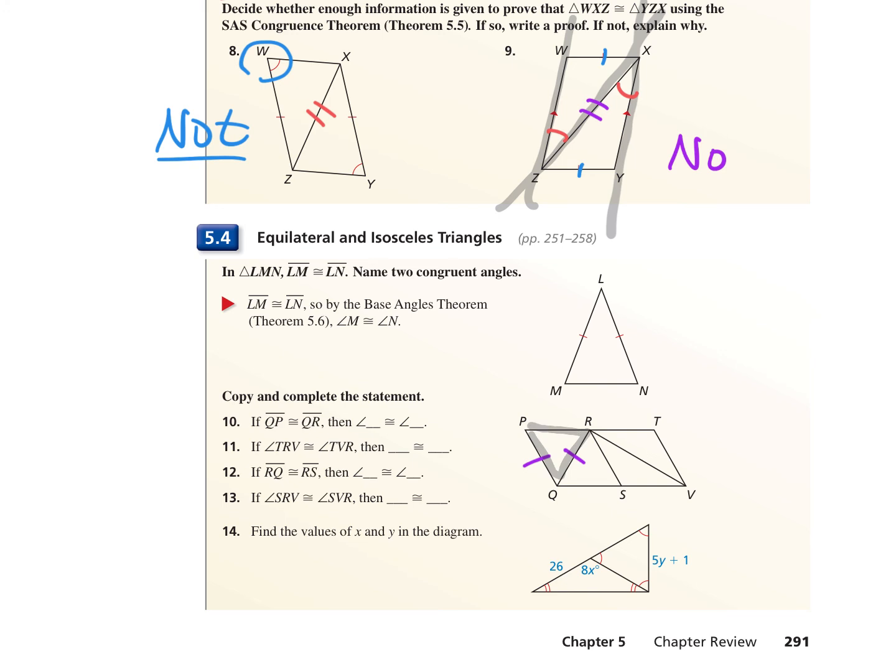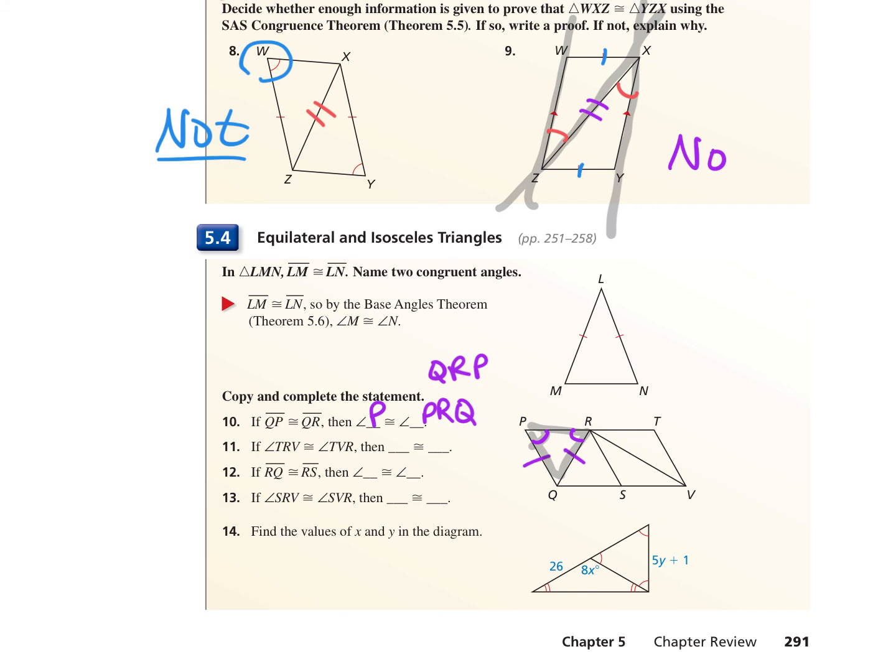Then that would tell you that the 2 base angles are congruent. So here you could call this one angle P, but this one over here, you'd have to name it with 3 letters. You could either name it PRQ or QRP, either way. So be able to pull things out like this.